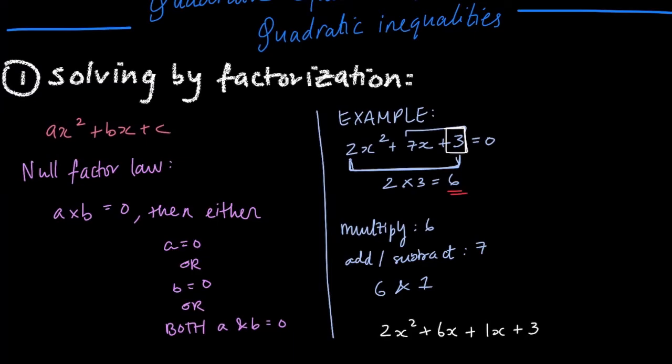We basically expanded the b value, because 6x plus 1x is 7x. So we've split the b value into something that will allow us to factorize these two as their own pair, which is really interesting. We can take 2x common from here and get x plus 3, and over here we can just take 1 and get x plus 3.